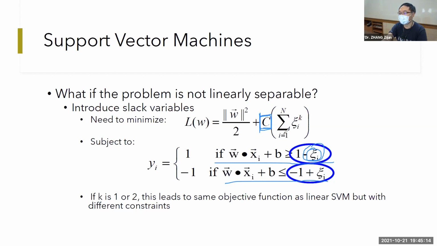A well-tuned C controls the minimization of this slack variable. So there's a trade-off: you want to tolerate more, or you want to find a stricter decision boundary.